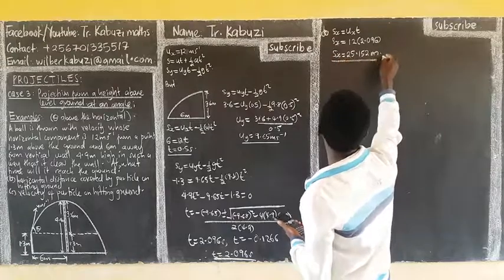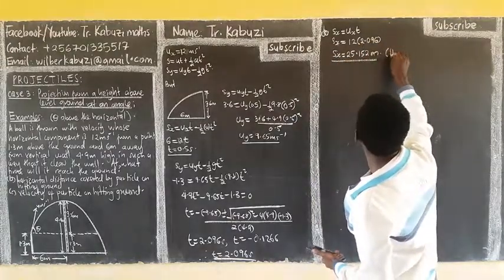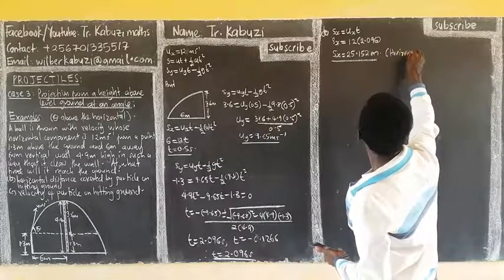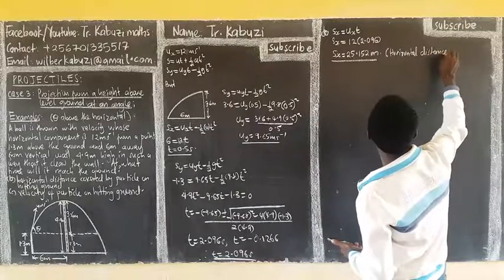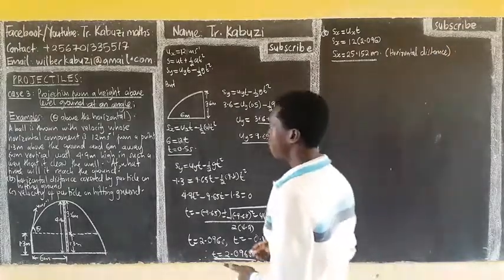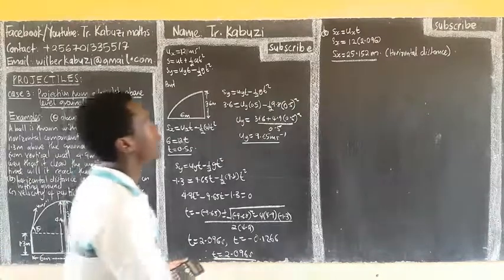So that is the horizontal distance covered by the particle. Okay, so now after getting that down, they're asking for the velocity of the particle on hitting the ground.